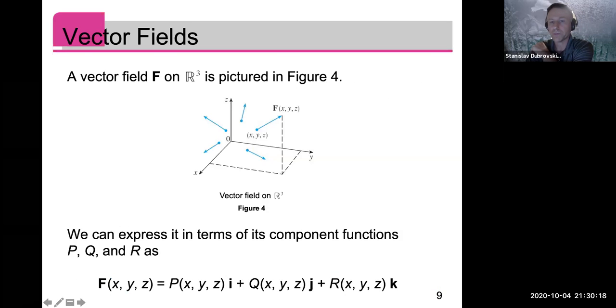Good. Similarly, we can imagine the same animal in 3 dimensions. Depending on 3 inputs, x, y, and z, we will get a vector. So again, 3 scalar outputs, 3 components, p, q, and r, traditionally denoted like that.